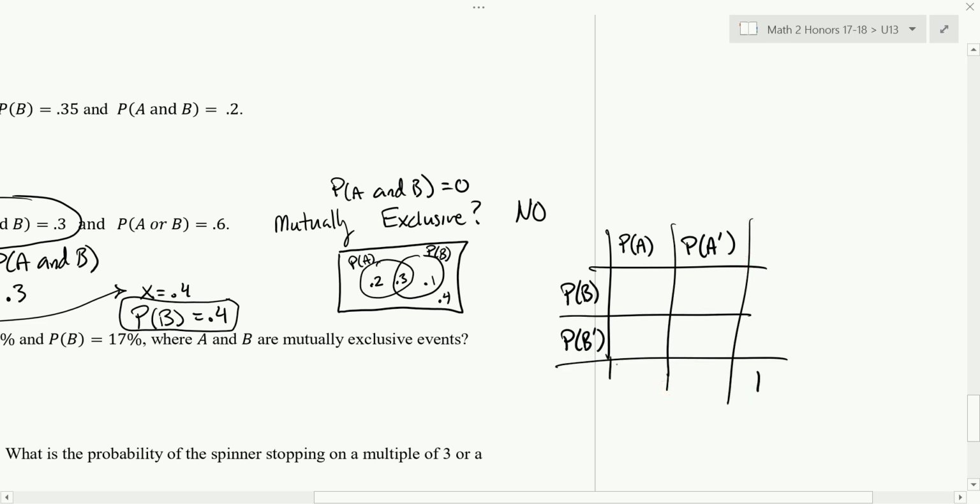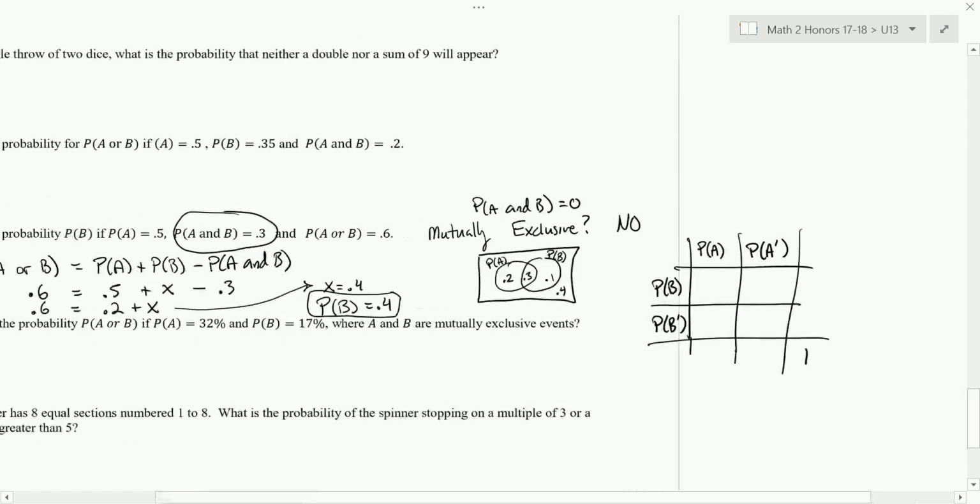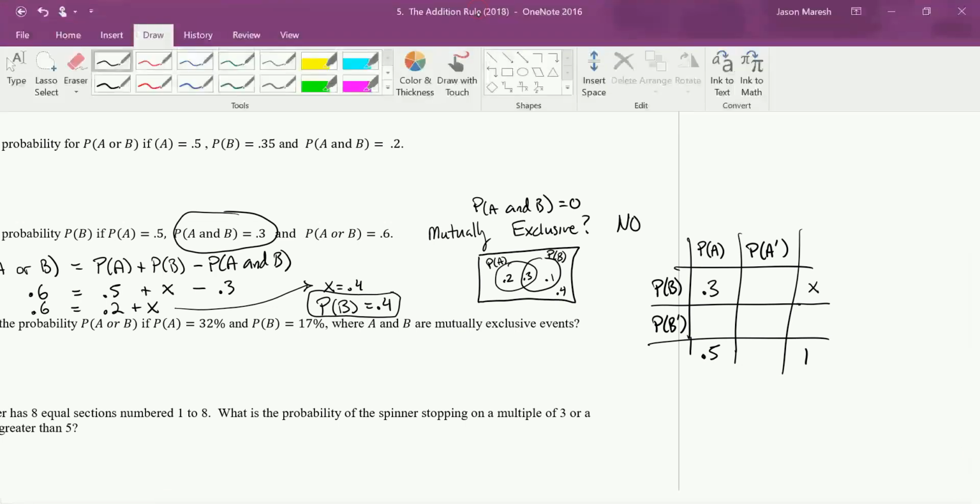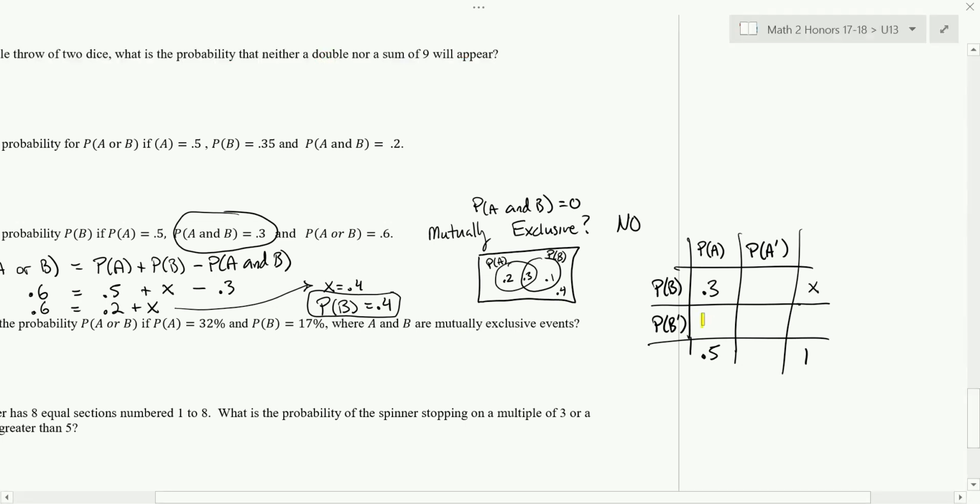In this problem, it told us the probability of A was 0.5. I'd put that here. We're looking for the probability of B, so I'd put an X here. It tells us the probability of A and B is 0.3, and the probability of A or B is 0.6. And so the 0.6 is the sum of these three, because that's A or B.